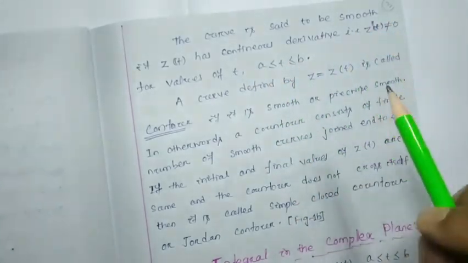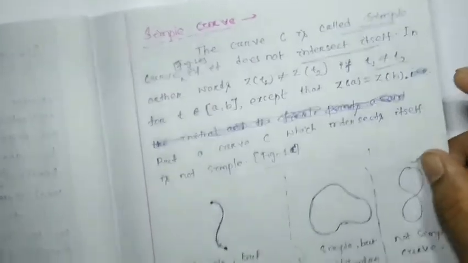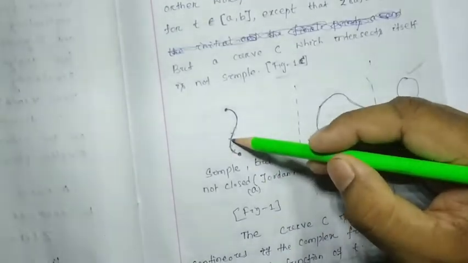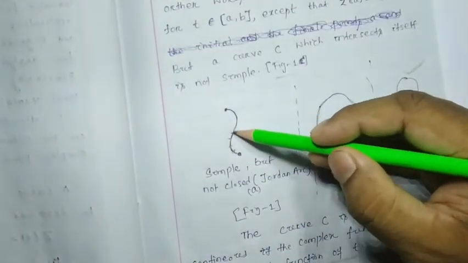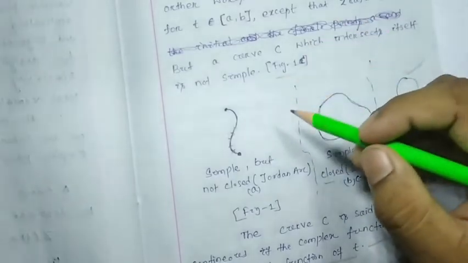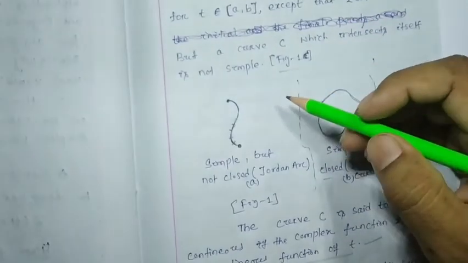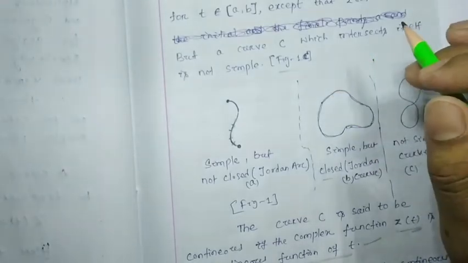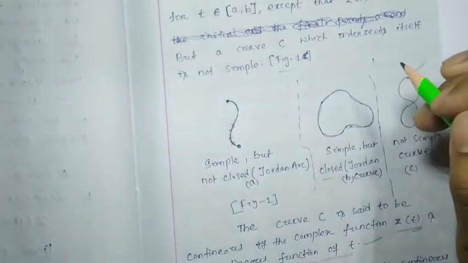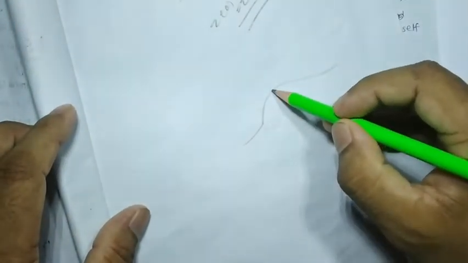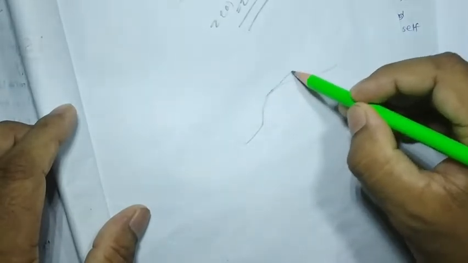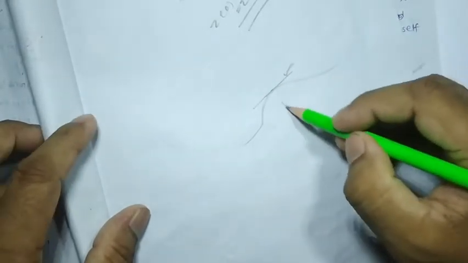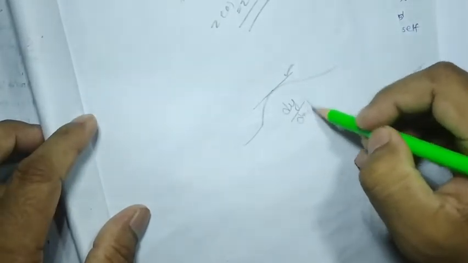If the curve is smooth, it means at all points the derivative should exist but not be 0. If the derivative is 0, there will be a kind of peak. See, this is the curve, and at this peak the tangent is the only unique tangent, which means its derivative exists.